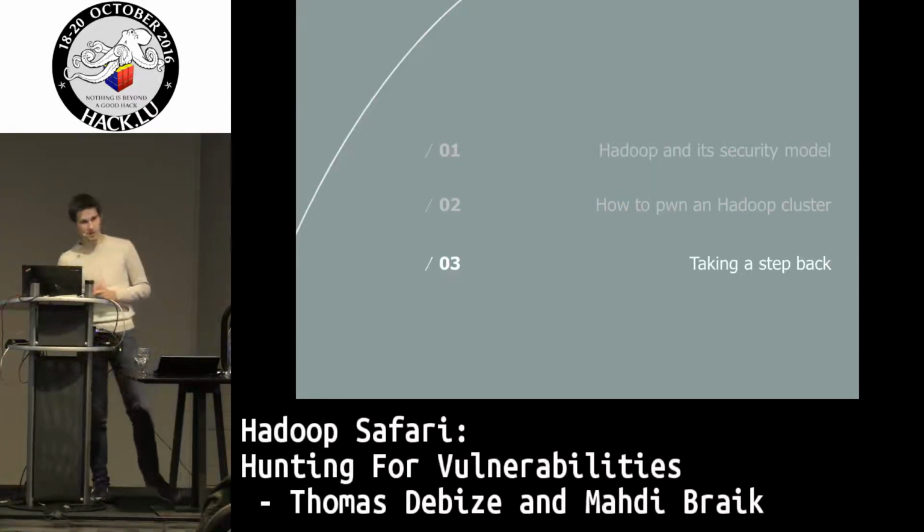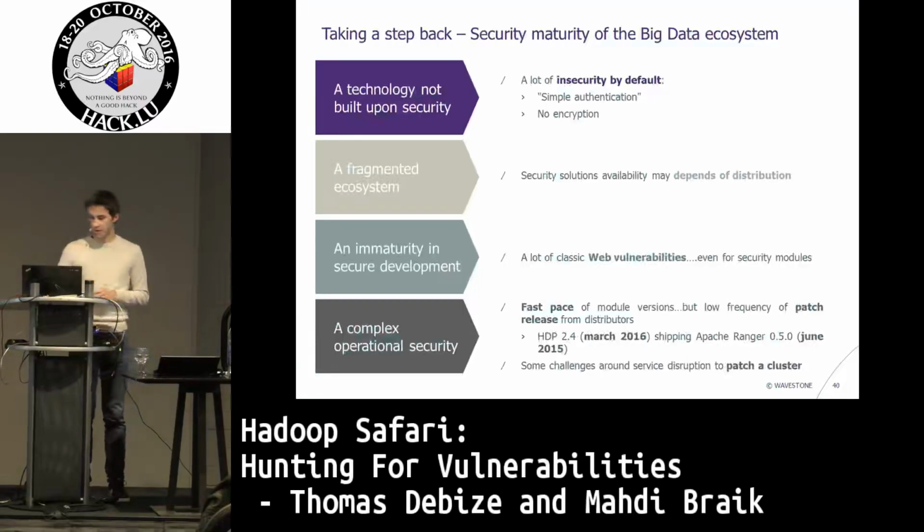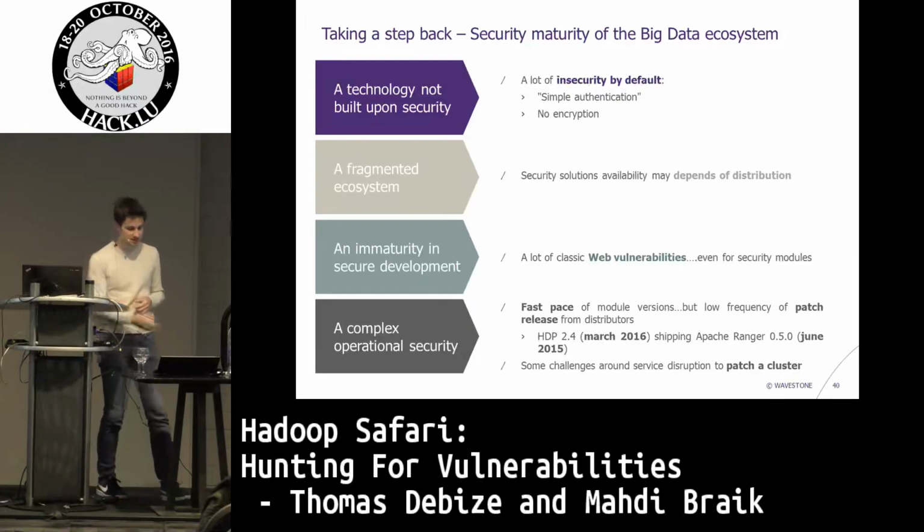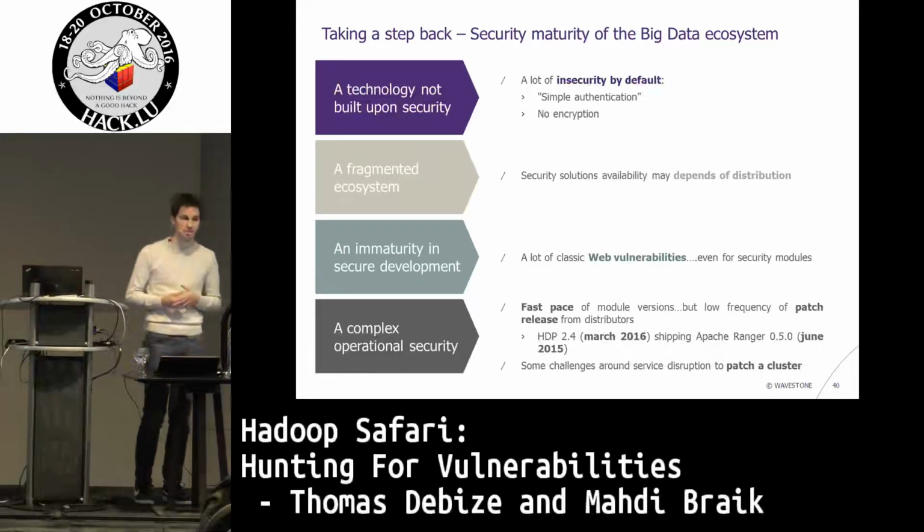So now, taking a step back, to be fair, our first goal was to assess the security maturity level of that ecosystem, as I've been saying throughout this presentation. First, you can say that the technology was not built upon security.